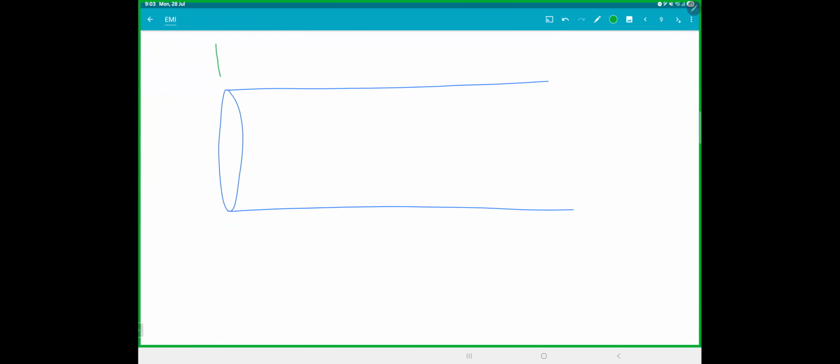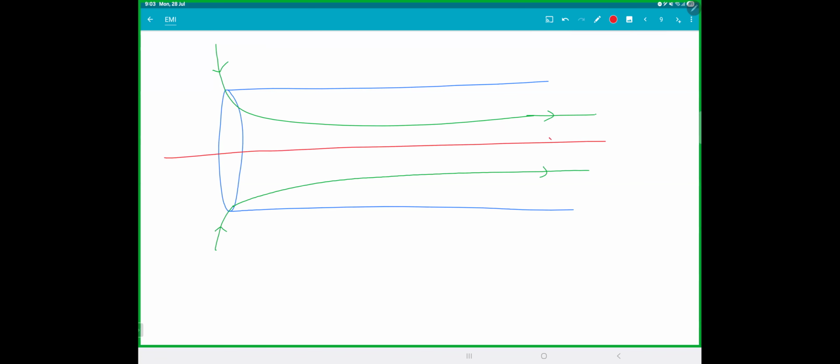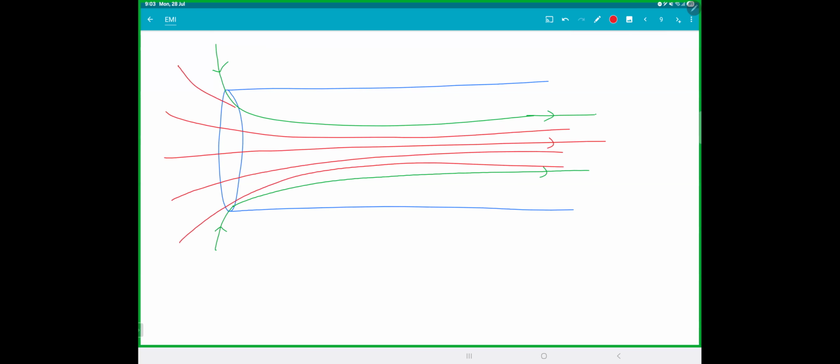So these lines which are entering will become parallel somewhere here. So we know every other line must be between this green line. And we also know, I don't know the magnetic field at every point, but I know the horizontal components of the magnetic field.